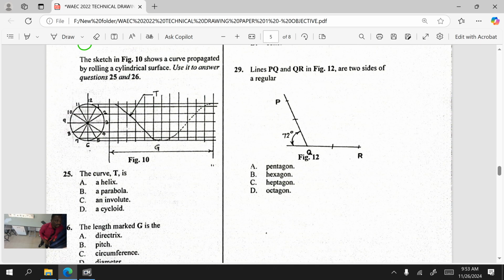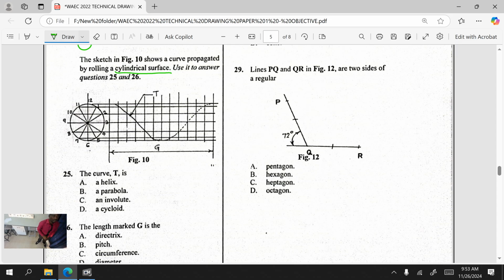Excellent. The sketch in figure 10 shows a curve propagated by rolling a cylindrical surface. I've talked about this in this class, in this video. When we said a rolling cylindrical surface, is it 2D or 3D?